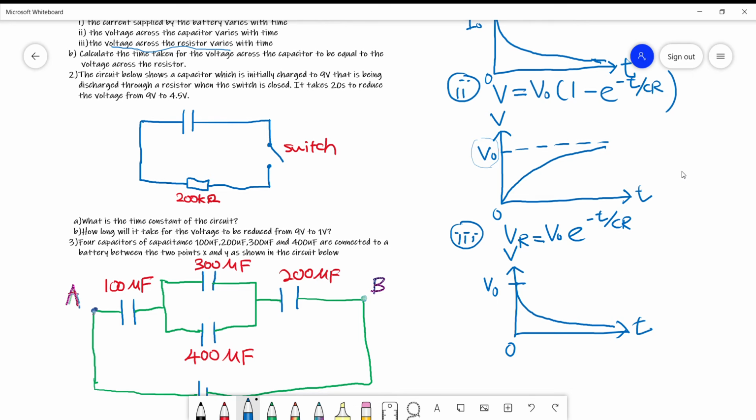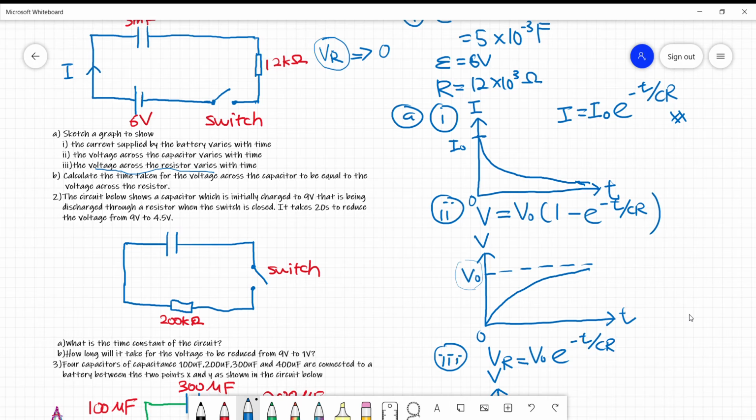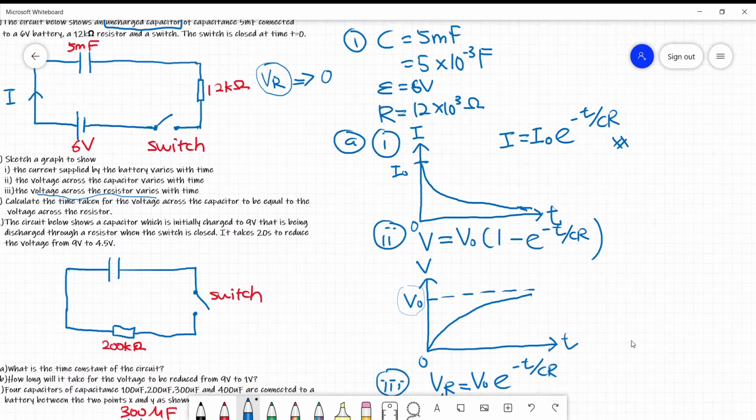Okay, let's continue with question B. This is the graph for the charging CR circuit. Let me erase all this.